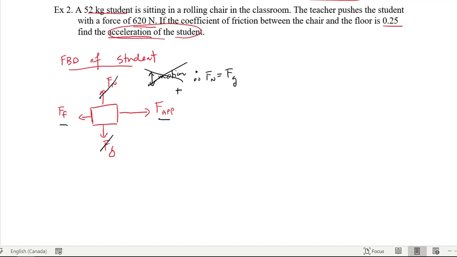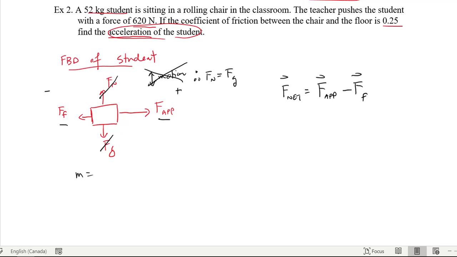So I'm going to make this side positive and this side negative, and therefore the net force is the force applied minus the force of friction. Now we don't know what these are yet, but I do know that the net force is going to equal those two subtracted together.